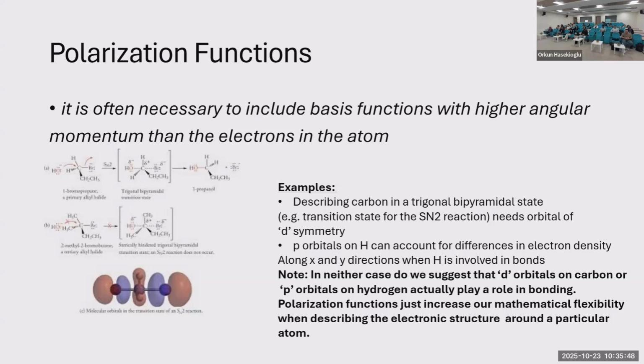And in neither case do we suggest that d orbitals on carbon or p orbitals on hydrogen actually play a role in bonding, right? They don't play a role in bonding. But polarization functions just increase our mathematical flexibility when describing the electronic structure around a particular atom.